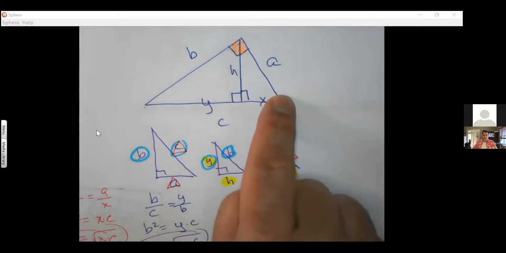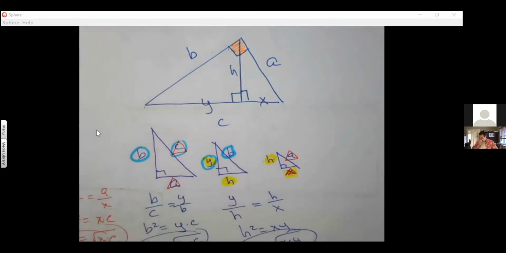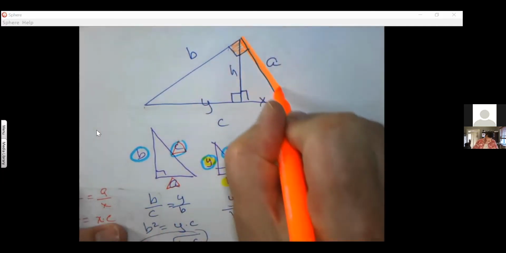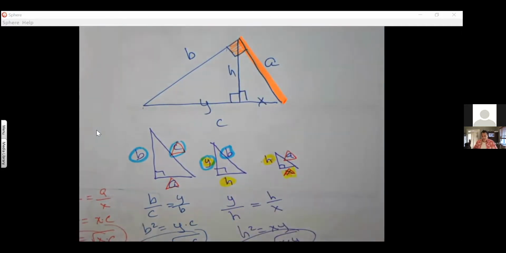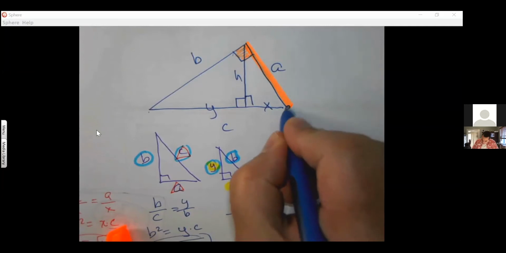You can go down the right side, you can go down the middle, or you can go down the left side. If I go down the right side, when I do that, notice that I end up down here, this little point.